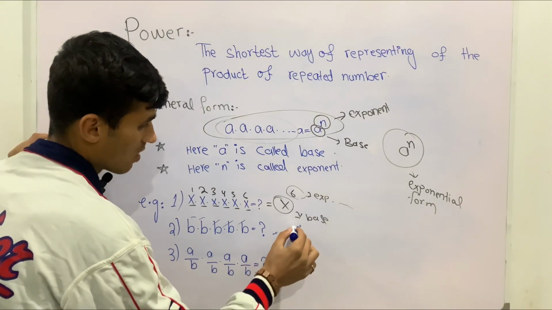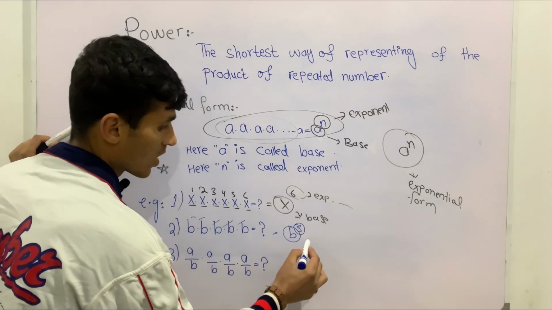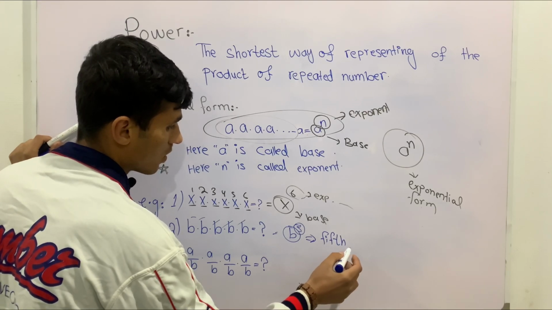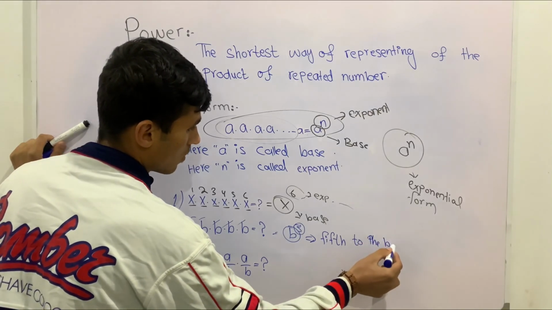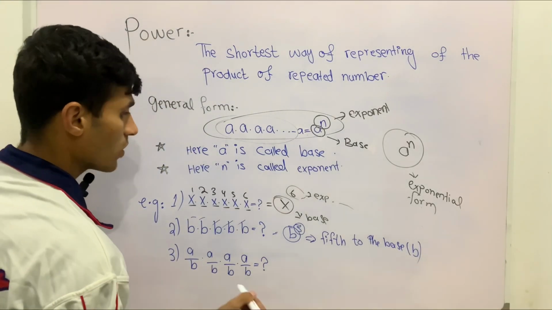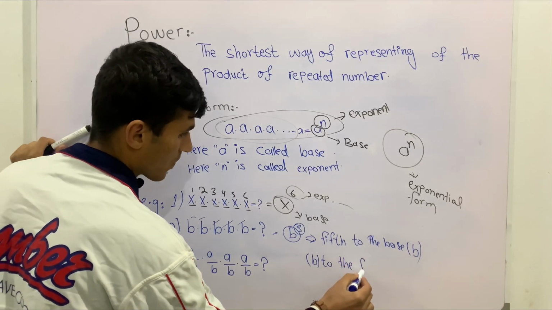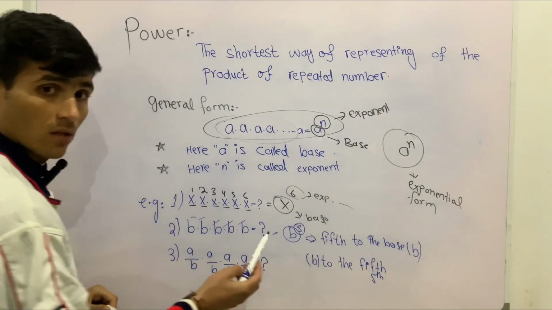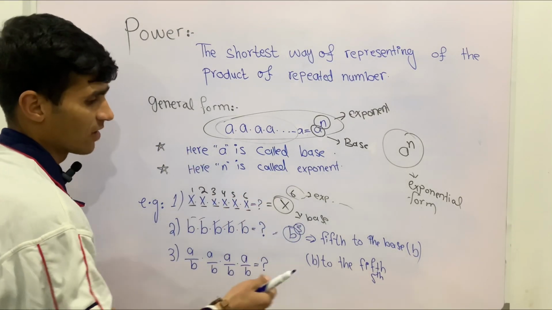How do we say this expression in speech? You could say 5th to the base B, or you could say B to the 5th, F-I-F-T-H.